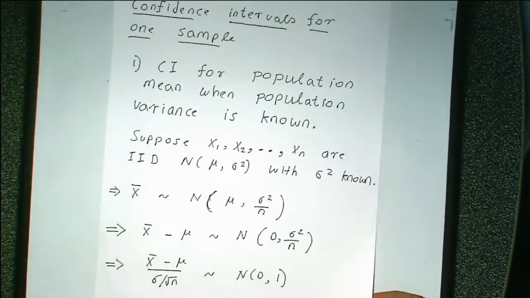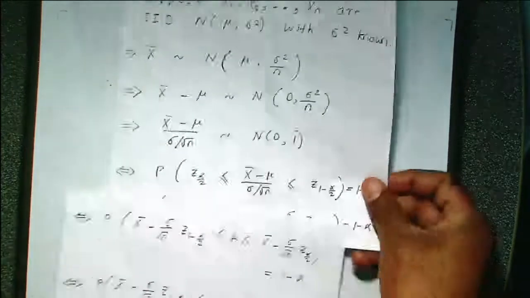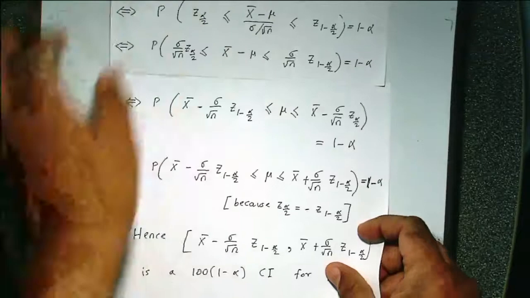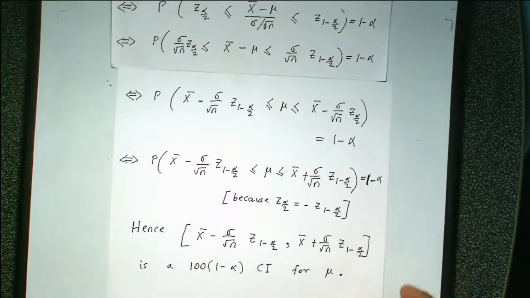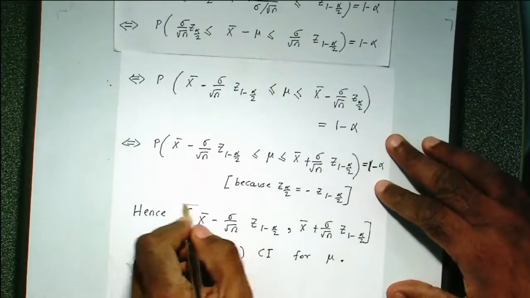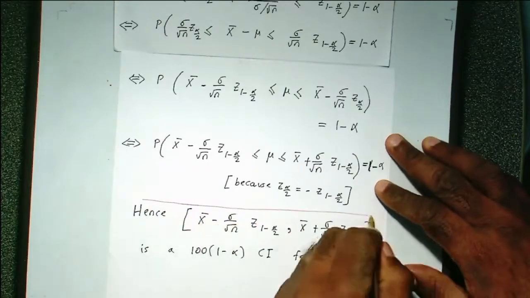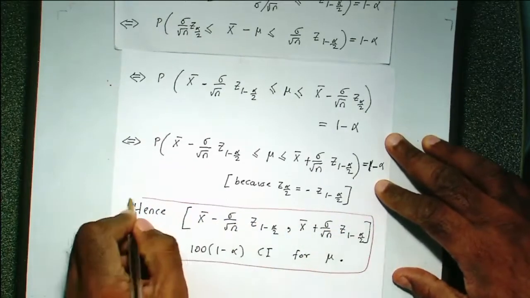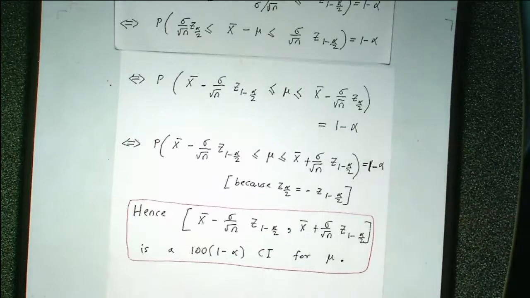known. The confidence interval for the population mean is this expression here. This thing in red is the confidence interval for the population mean when the population variance is known. Some of you also asked me about these derivations.